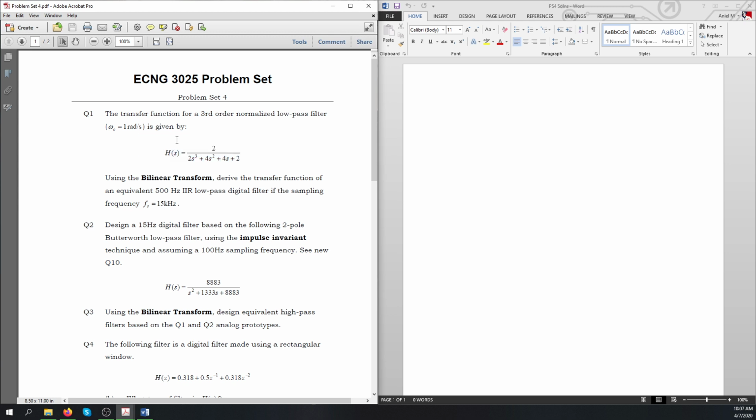They basically told us that the transfer function for the analog filter with an omega c of 1 radian per second is given by this h of s equation. They also give us the digital cutoff frequency we need to design to, which is 500 Hz, and the sampling frequency that we need to use, which is 15 kHz.